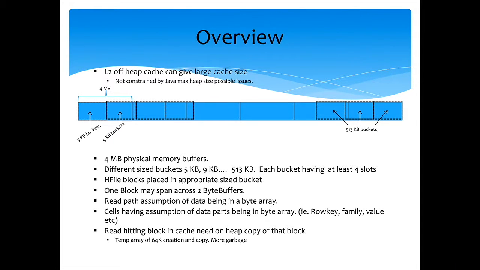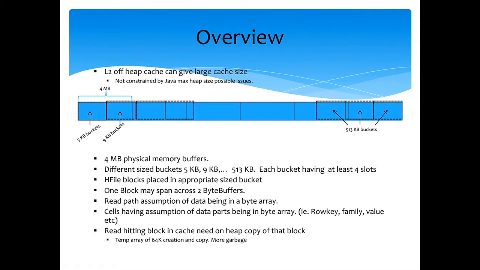In the last talk, Deepankar was mentioning that when we are using the bucket cache in off-heap mode, whenever we hit an HFile block in this off-heap bucket cache, we had to copy the entire block. If I take the default, it is 64 KB.